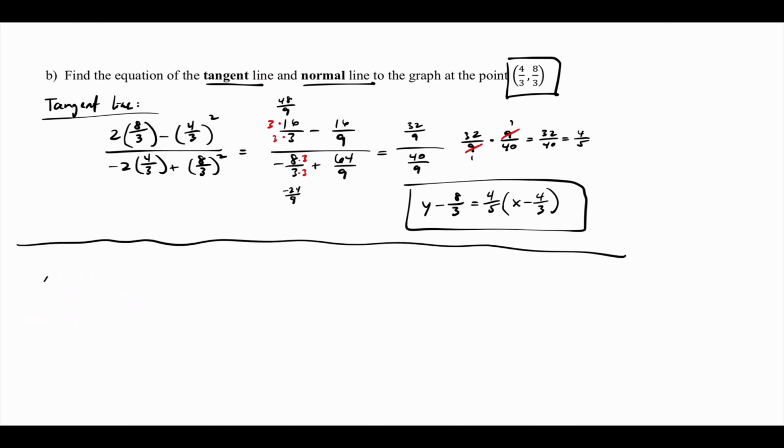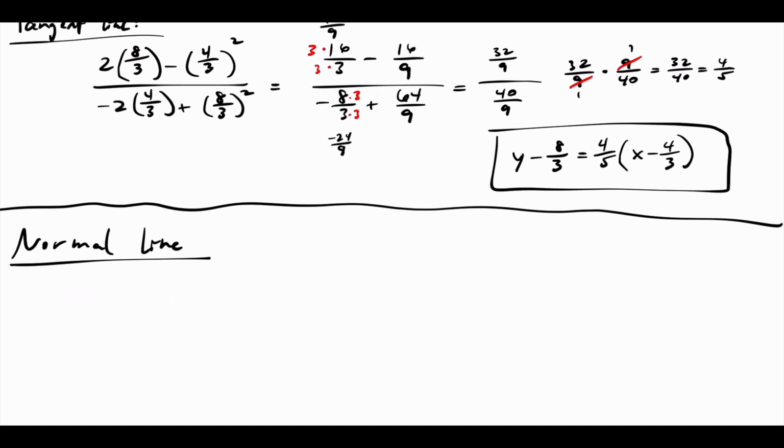Now normal line. What's the only difference between the normal line and the tangent line? The slope, right? What's the slope going to be for this one? Negative 5/4.